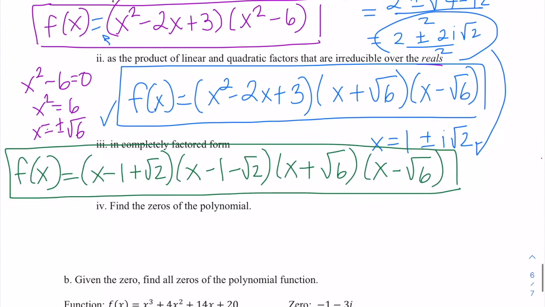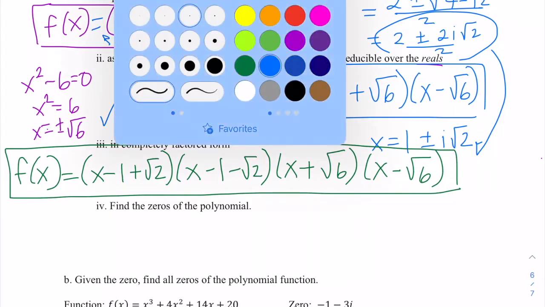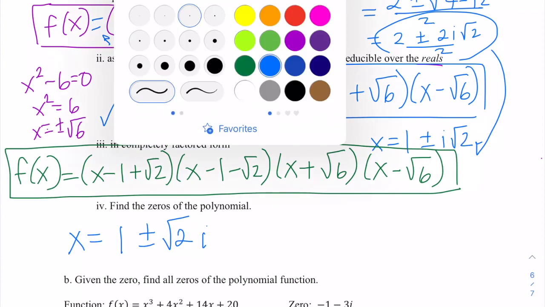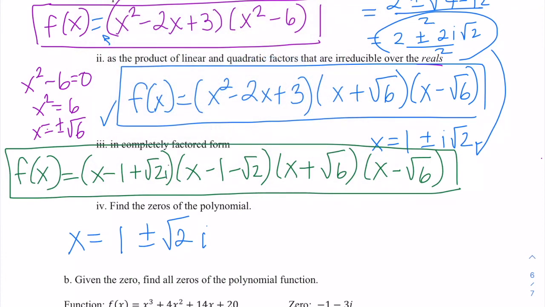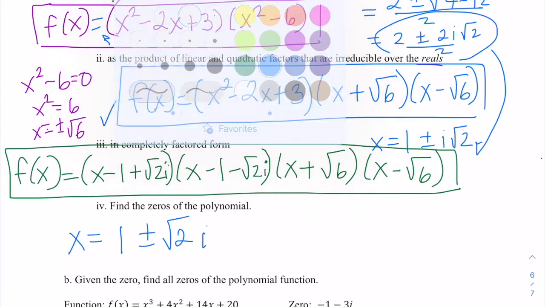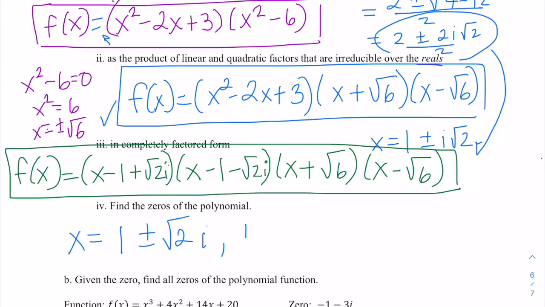And so here we have, find the zeros. Well, we already found those over there, so I'm just going to write those again. We found that x equals 1 plus or minus root 2 i, and I'll make sure to put the i's over here. Okay, and so we have those two, and then the next part is just to make sure we include the radicals, right? So those are from before. So we have plus or minus root 6.